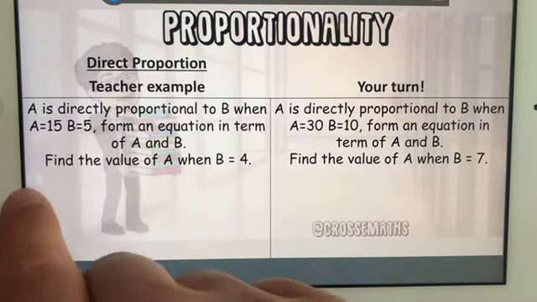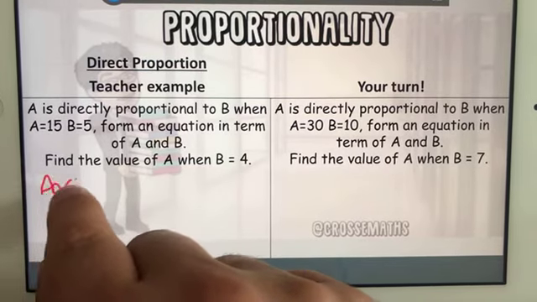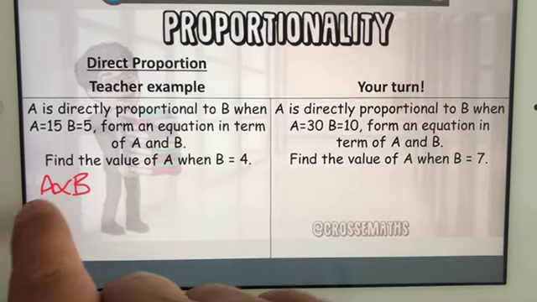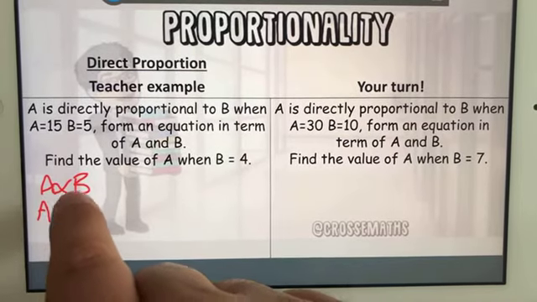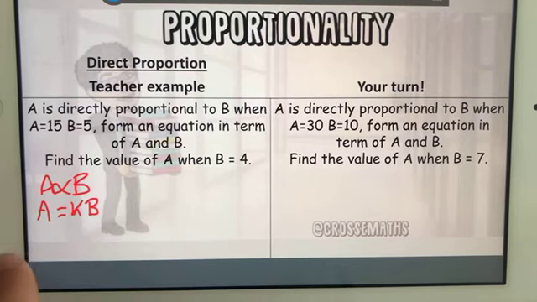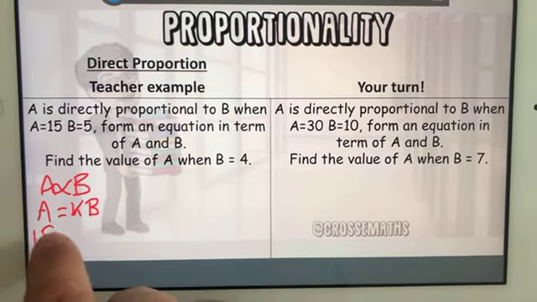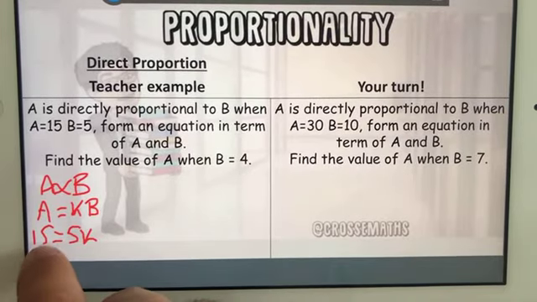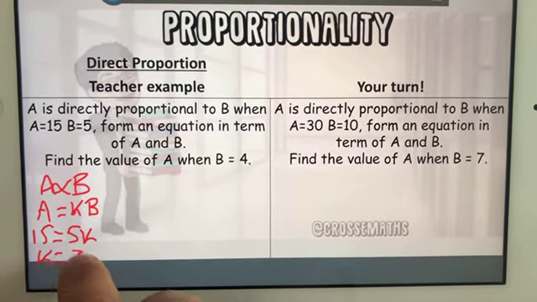So A is directly proportional to B. A fish sign B. That means A equals KB, with K the constant we want to find out. If A is 15, B is 5, so 15 equals 5K. If I divide through by 5, K would have to be 3.